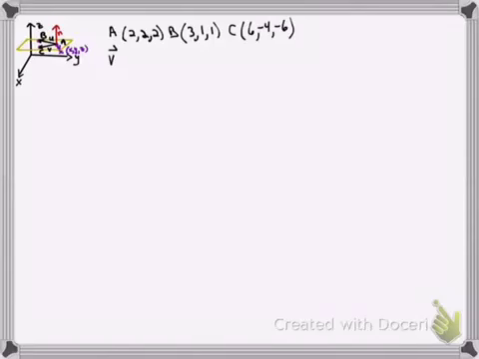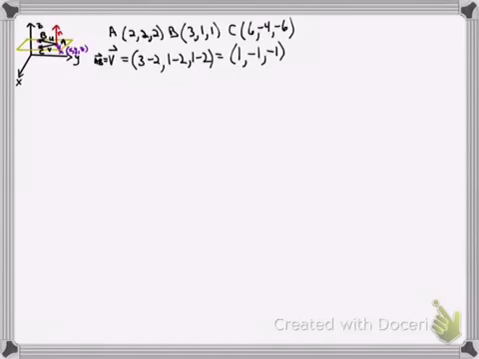So our first vector is going to be an AB vector, just to remind you. And so we just do 3 minus 2, 1 minus 2, and 1 minus 2. So our V vector ends up just being 1, negative 1, negative 1.